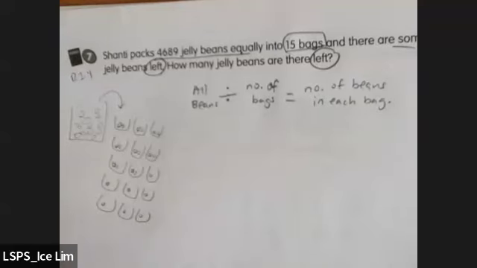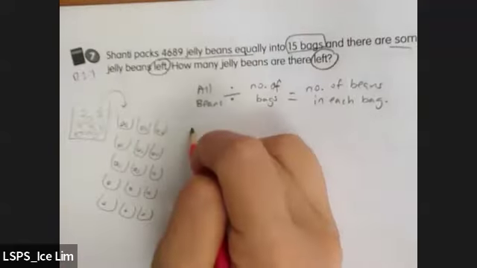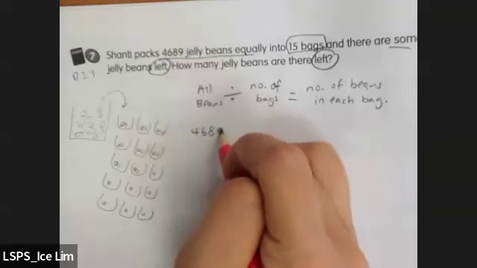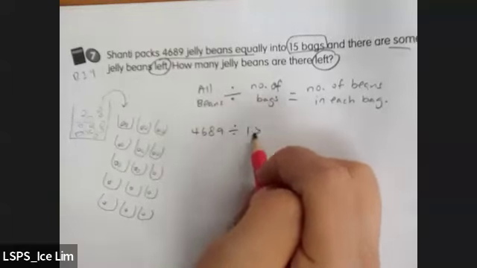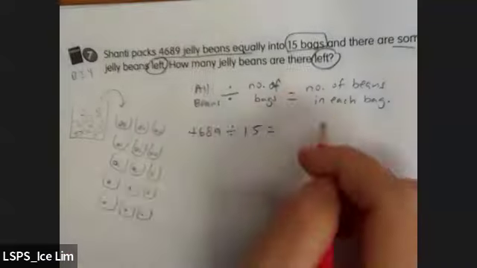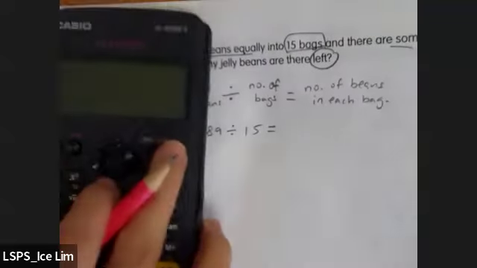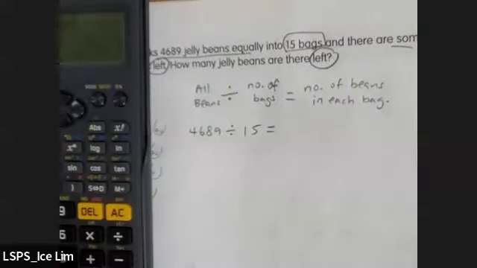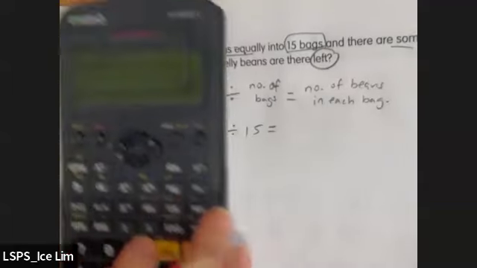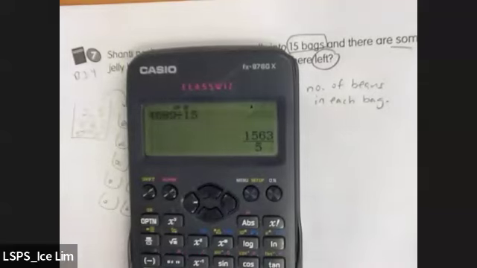Now, I use the calculator to calculate this. 4,689 divided by 15, it actually gives me a weird answer too. It gives me this fraction.